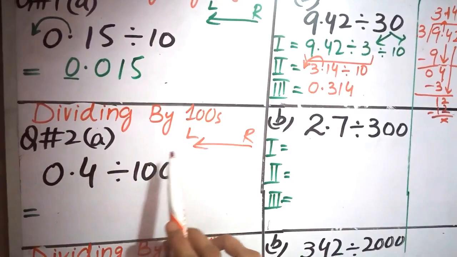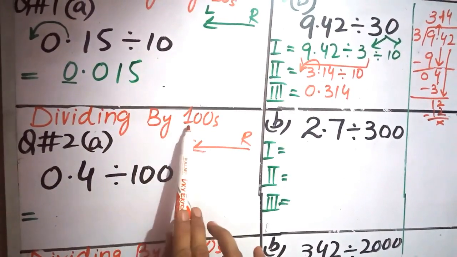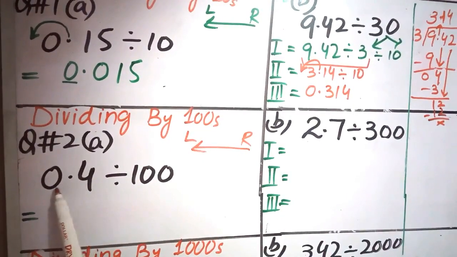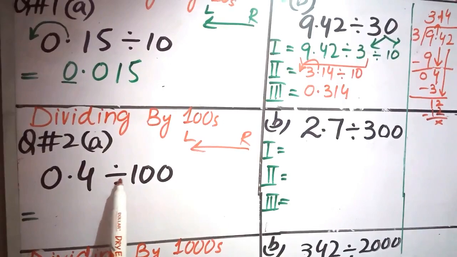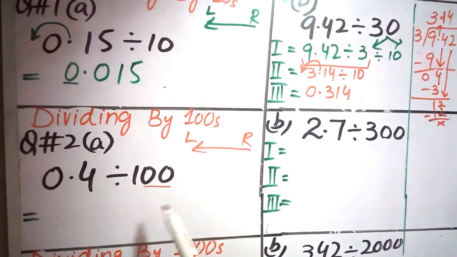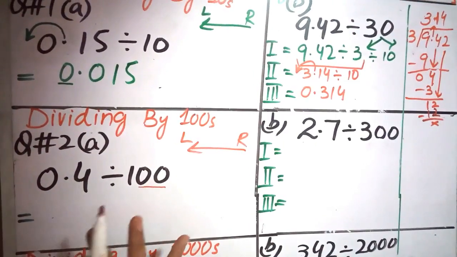Now in question number 2, we will divide the decimal by hundreds. Can you see 0.4 divided by 100? We are having 2 zeros. It means we have to shift the point towards left 2 times.